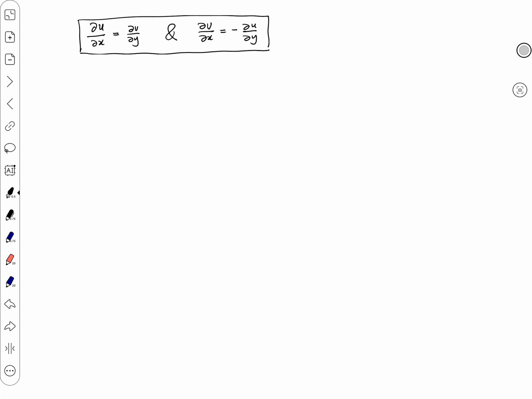This is a necessary condition that the real part and the imaginary part of your f have to satisfy such that it will be differentiable at a complex number z naught equals x naught plus i y naught.